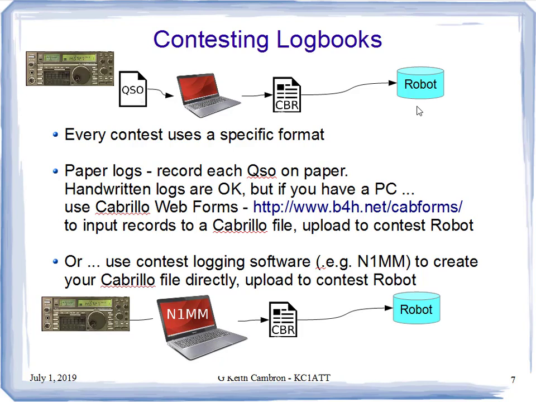The contest robot is a piece of software running in the internet, and it will take your Cabrillo file and check it for accuracy and put it in the database with the other records. Another way, and a way I prefer, is to use contest logging software such as the N1MM program I've mentioned previously. Plenty of other programs out there, but that's one that works well.